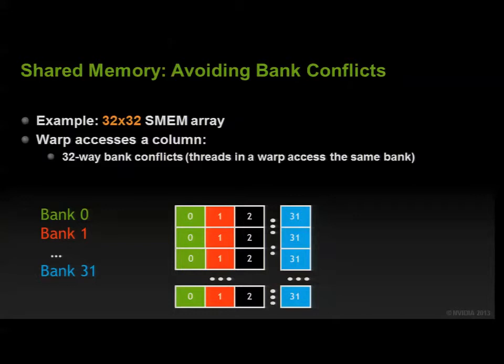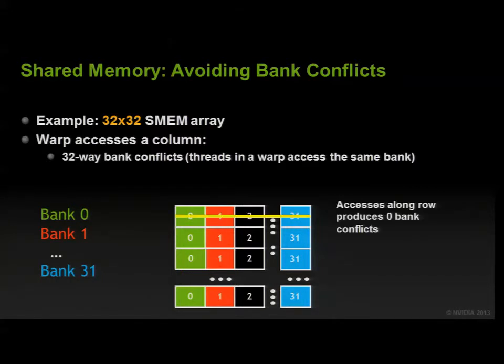Assume that we have bank number 0 to bank number 31, and in one case, we're writing the first column in shared memory. Well, we're ending up with all the threads, hold on, wait, we're writing a row. So in this case, all the threads are writing to the same memory bank. That means we have a 32-way collision or a 32-way bank conflict on bank 0, which is bad, right? Because this means your instruction will take roughly 32 times as long to complete as compared to the others.